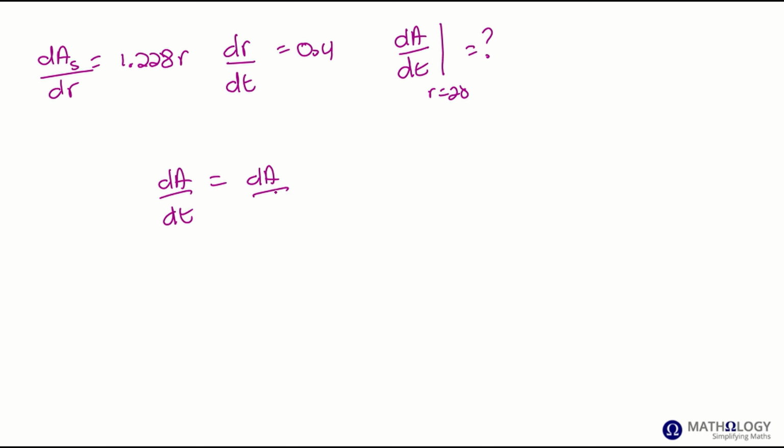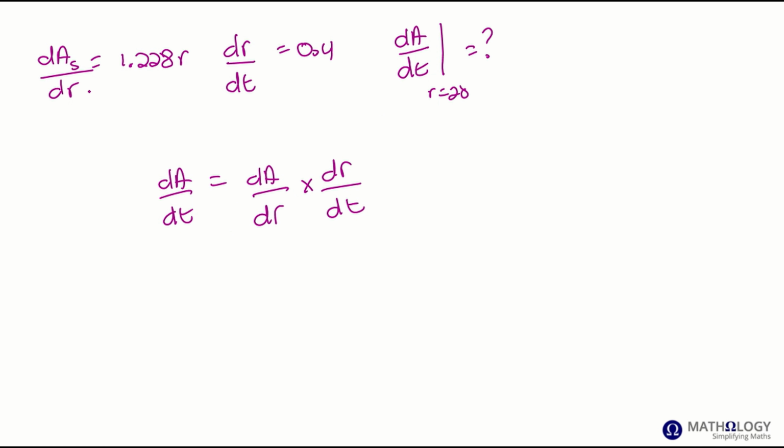And that differential we're going to use is dA dr. And now we need to eliminate this dr, because as you can see on the left-hand side, we have dA dt. There is no dr. So we're going to multiply by dr, so the dr's will essentially cancel. And we need dt in our denominator, so we are going to divide by dt.